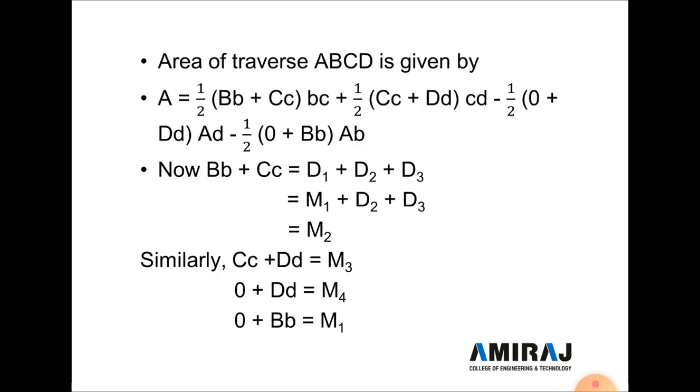So here the area of the traverse ABCD is given by A is equal to 1 by 2 (BB plus CC) multiplied by BC, plus 1 by 2 (CC plus DD) CD, minus 1 by 2 DD AD, minus 1 by 2 BB AB. Now BB plus CC is equal to D1 plus D2 plus D3.